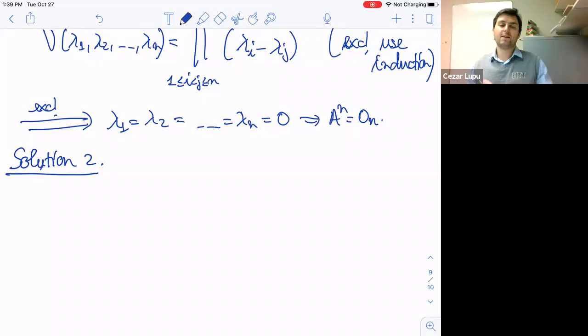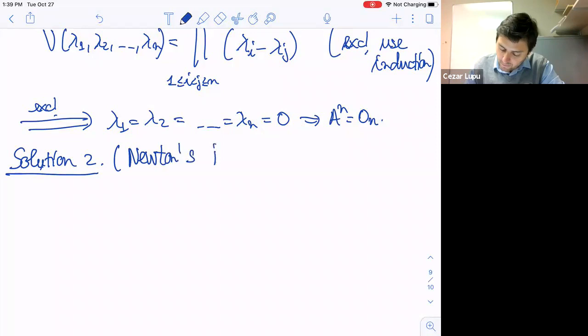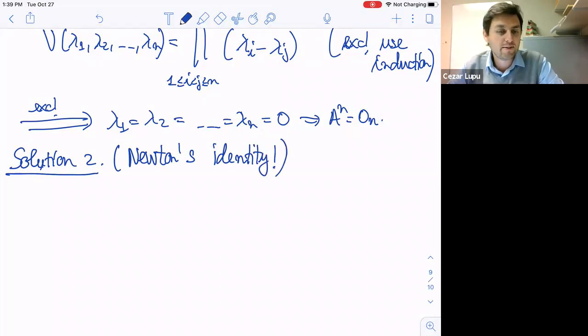Now I'm going to use something quite unexpected, what we call Newton's identities. It will follow immediately from this. This is me dropping the atomic bomb, but anyway. So what's this all about?